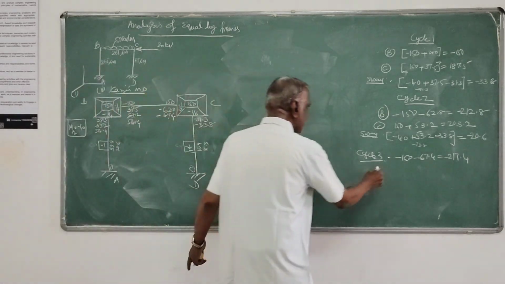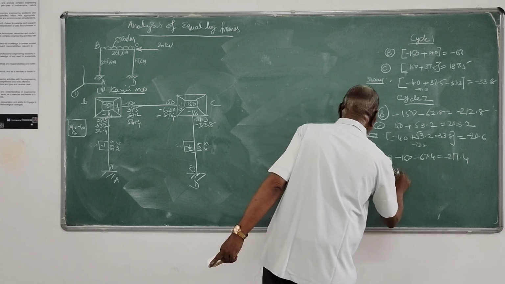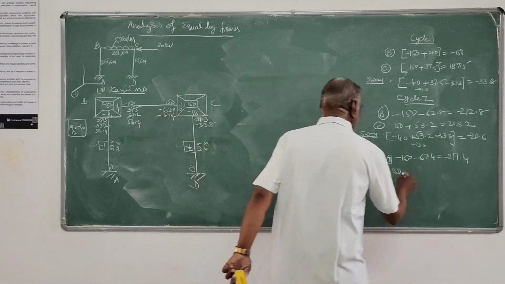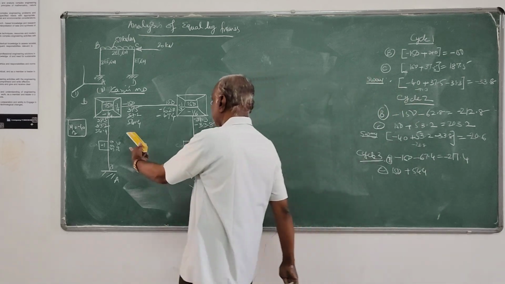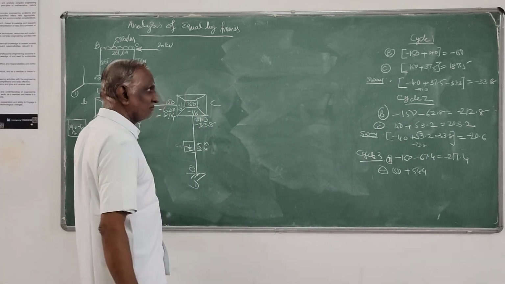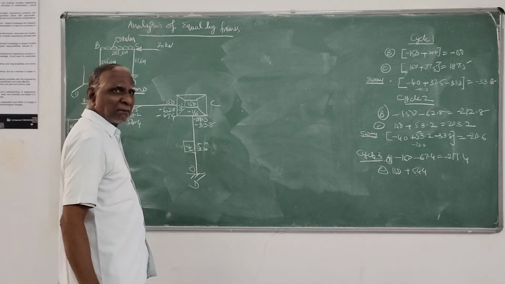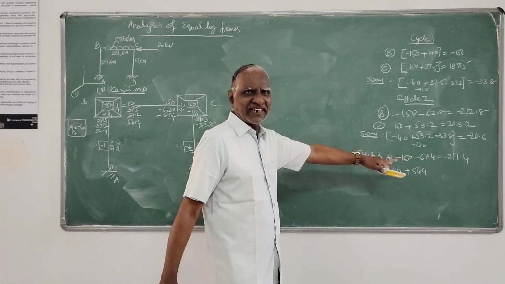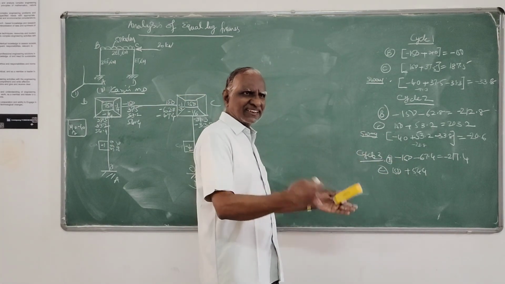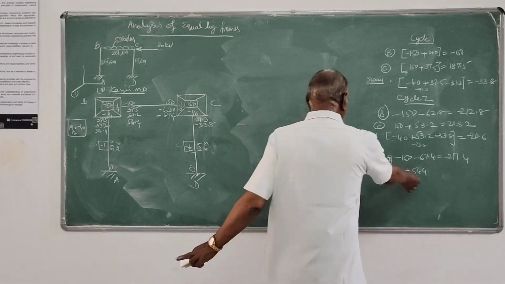Then the next joint is joint C. It is 150 plus 54.4, that is 204.4. Oh, sorry, this sway contribution I didn't take. Minus 40, anyway, it doesn't matter. I told you, any mistake committed in any one cycle gets automatically rectified.